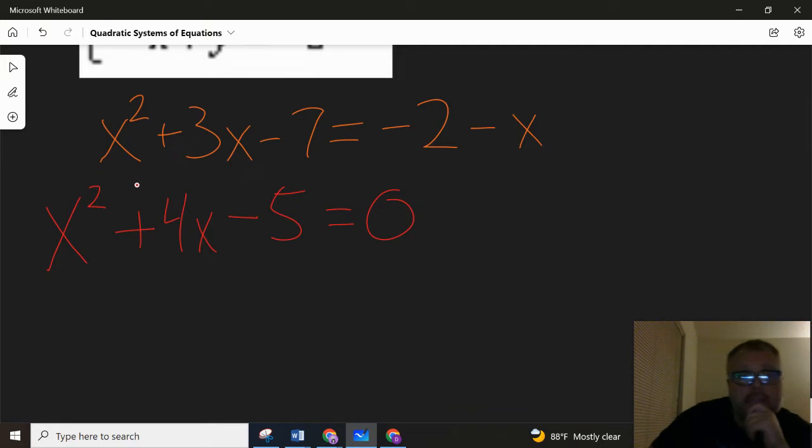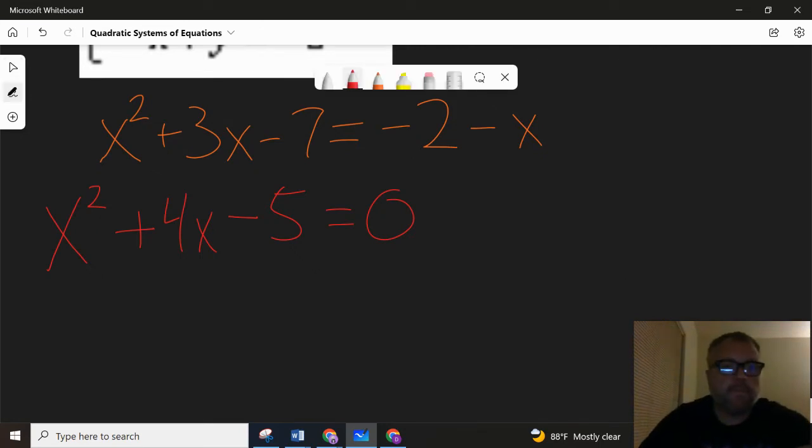All right, perfect. Now that it's set equal to 0, you might notice that this one does factor quite nicely, right? With 5 being a prime number, it makes the options pretty limited on how this could factor. So, it's just 5 and 1, right? Well, how could the product be negative and the sum be positive 4? Well, that would only be the case if the 5 were positive and the 1 were negative, right?